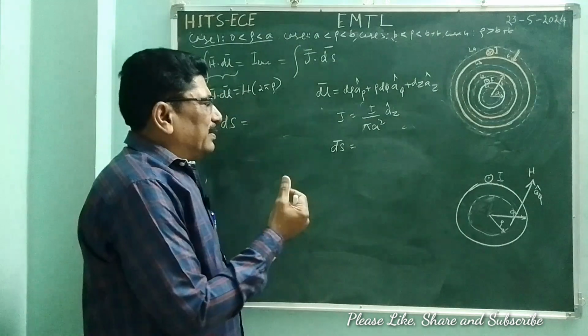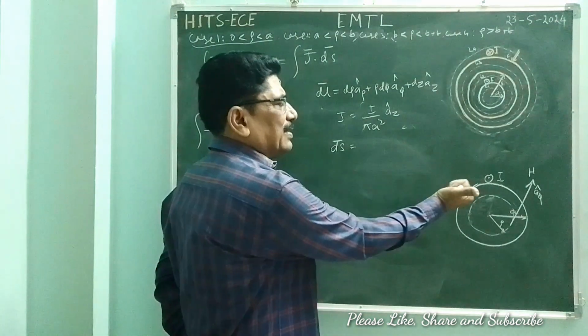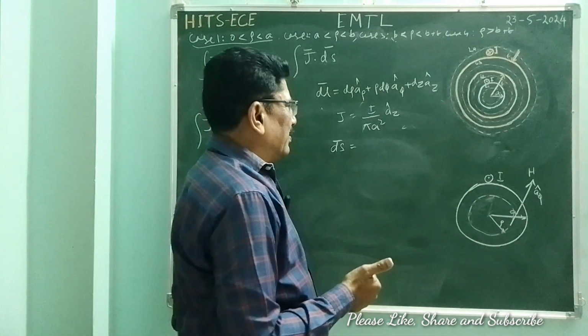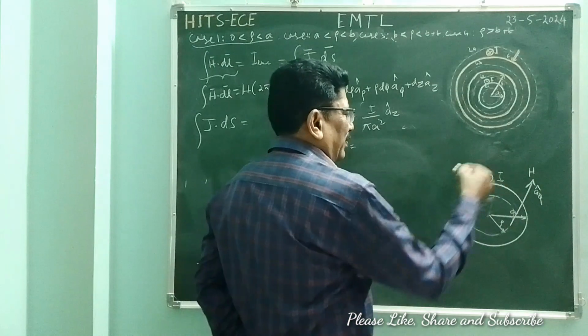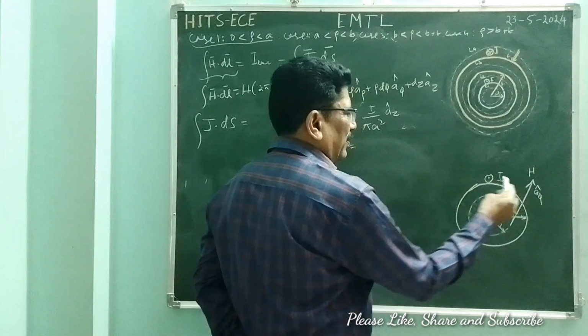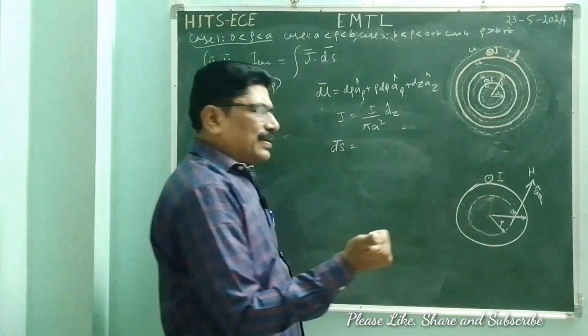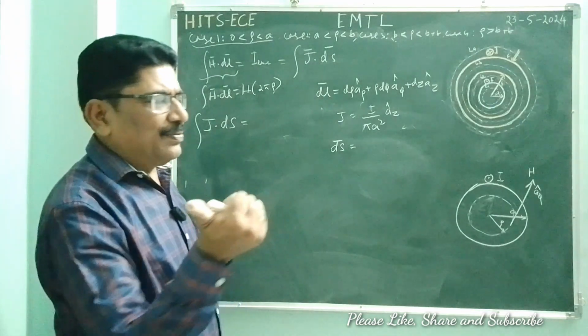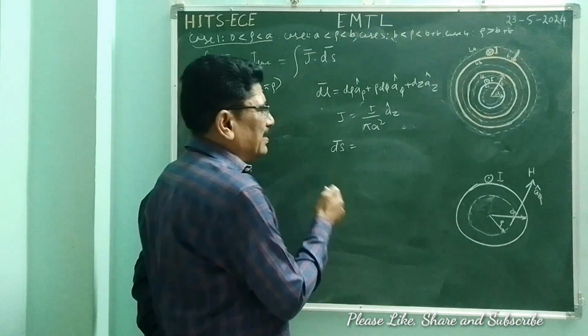And what about ds? This vector is in which direction? In the direction of the z axis. That plane will be lying on the board, and its normal direction is the direction of the z axis. So what is ds now?